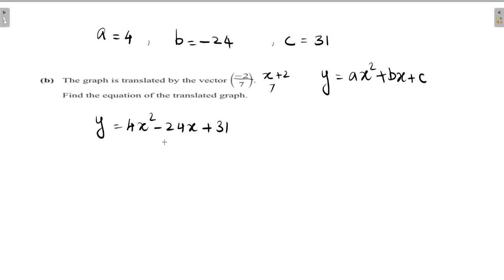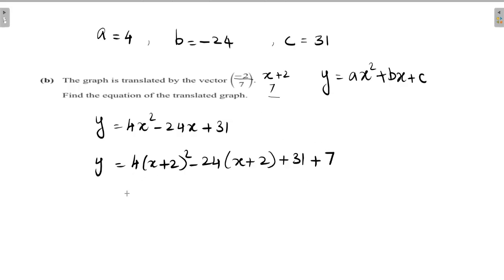Now we can rewrite all the x terms as x plus 2. So y equal to 4 times (x plus 2) the whole square minus 24 times (x plus 2) plus 31, and the whole curve will be added positive 7. So we have to add positive 7.